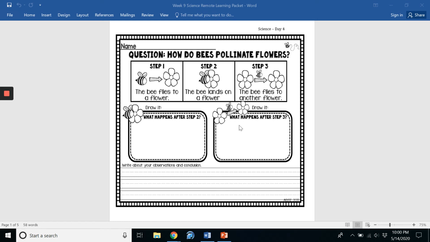In the second box over here, you're going to draw what happens after step 3, so you have to think. What do you think will happen after this step number 3? Go ahead and draw it. And then finally down here, you are going to write about the observation of the steps above. And how did you know about what comes after step 3 here?